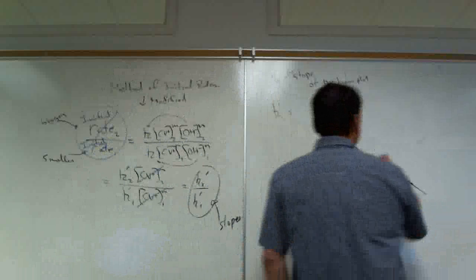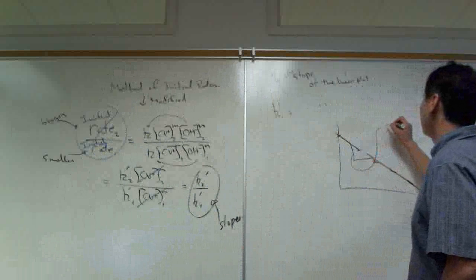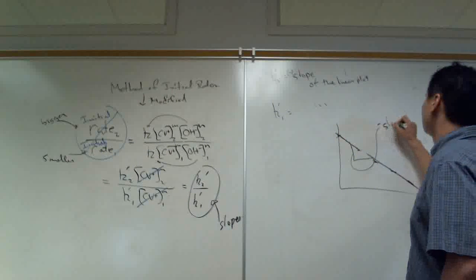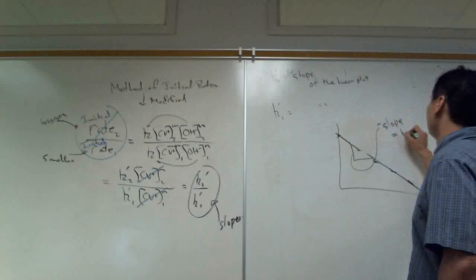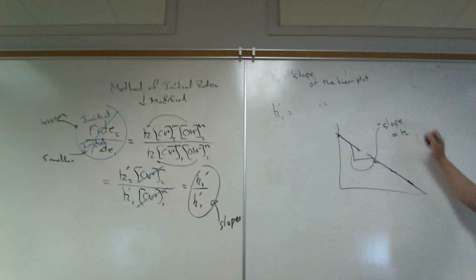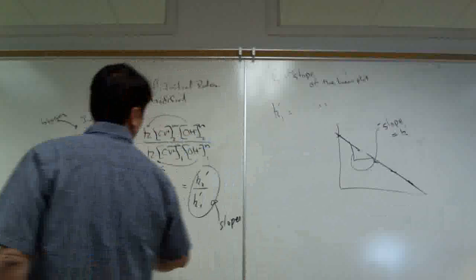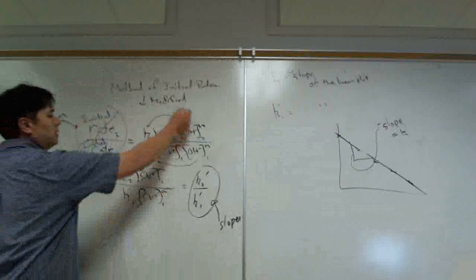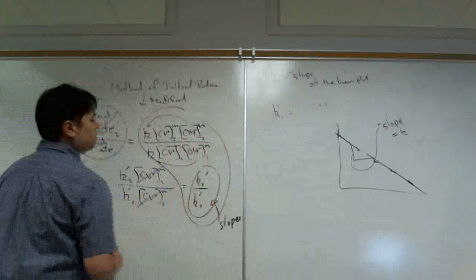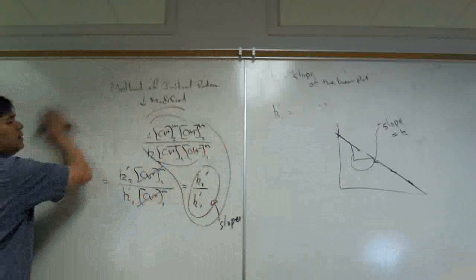All right, now what do we do with it? In this case, the negative of the slope is equal to K prime. So what we're going to do with these is this. We're going to look at these two equations here and combine those.